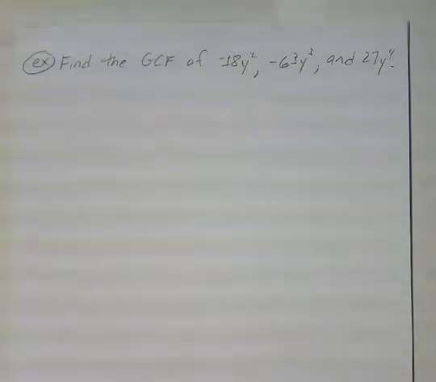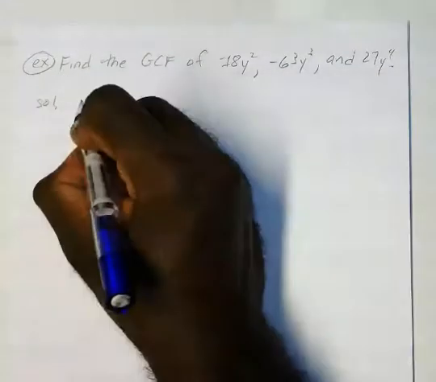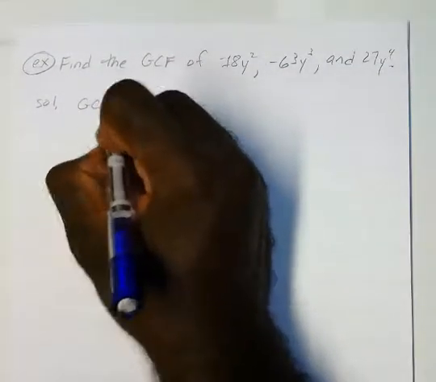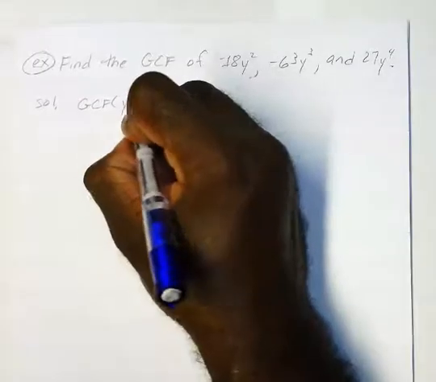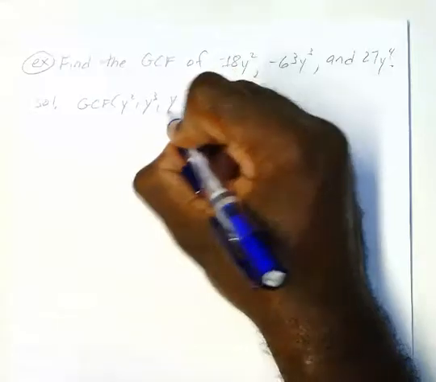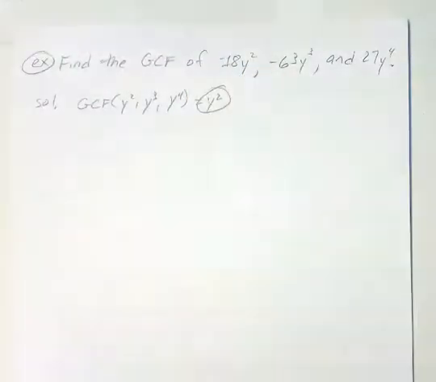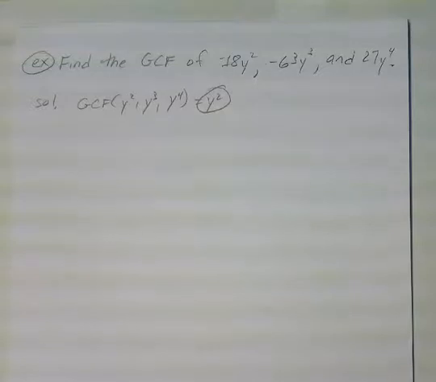Alright, so we're going to go ahead and get the easy part of that out the way, because we know that the greatest common factor of y squared, y to the third, and y to the fourth is y squared, smallest exponent. So that part is out the way.